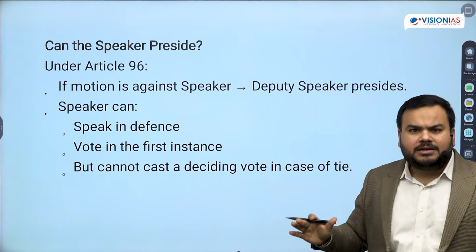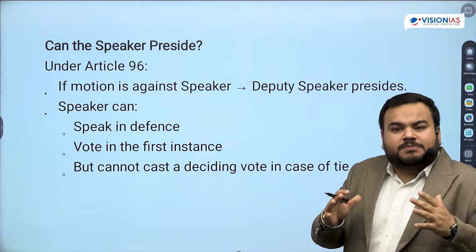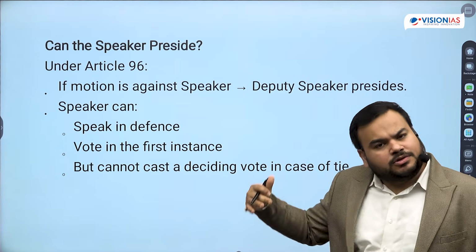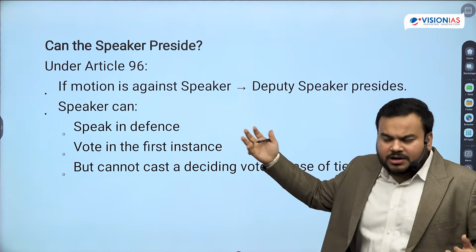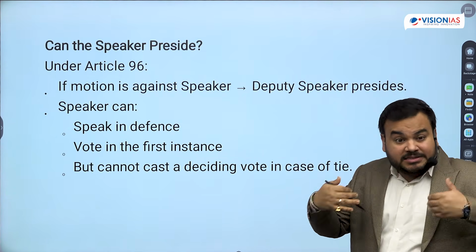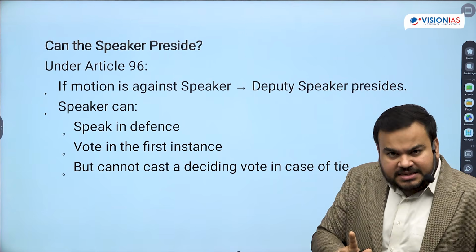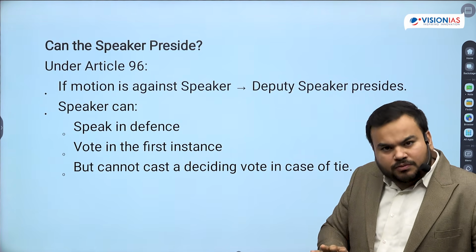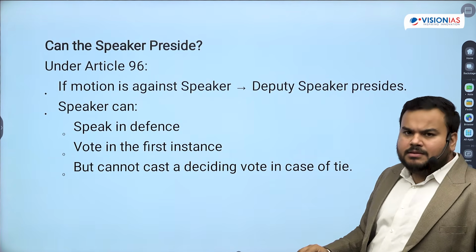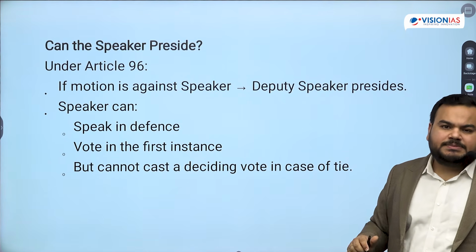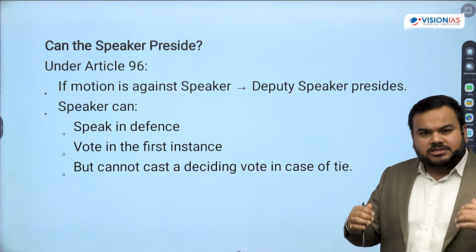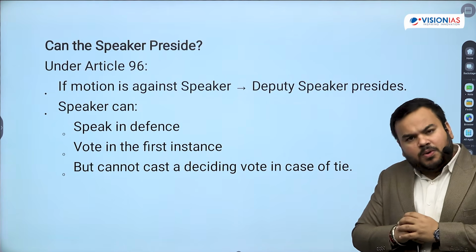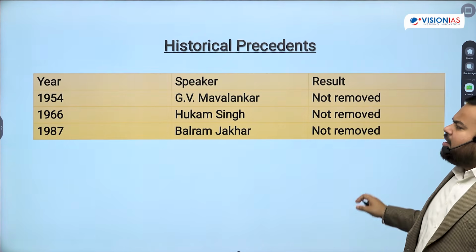But the Speaker is a member of Parliament, so he can take part in the proceedings of the house, he can speak in his defense, and he can vote in such a resolution in the very first instance. But he is not going to vote in case of a tie, because he is not acting as the Speaker when his removal is being discussed or voted upon in the Lok Sabha. That is a very basic condition.